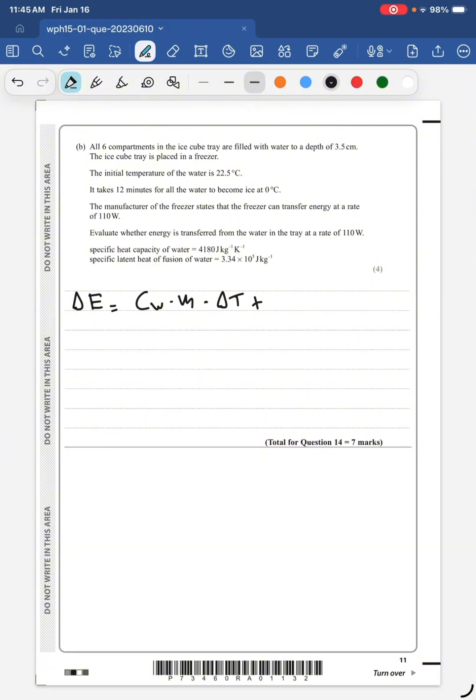And then we also need energy to convert that water into ice, which will be equal to the mass times the latent heat of fusion. Okay, so that's 4,180 times the mass. We have all 6 compartments, so 6 times 0.02 kilograms, which we just calculated.